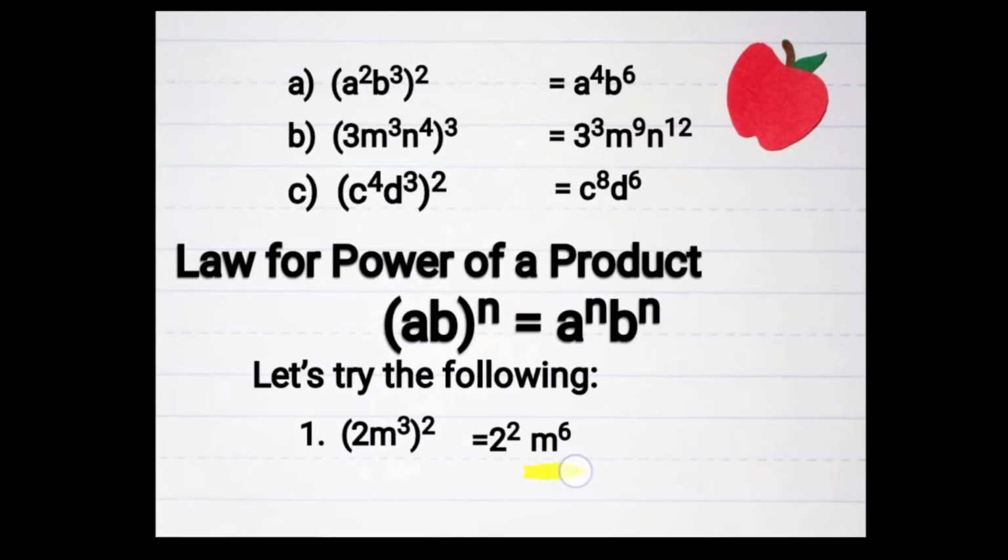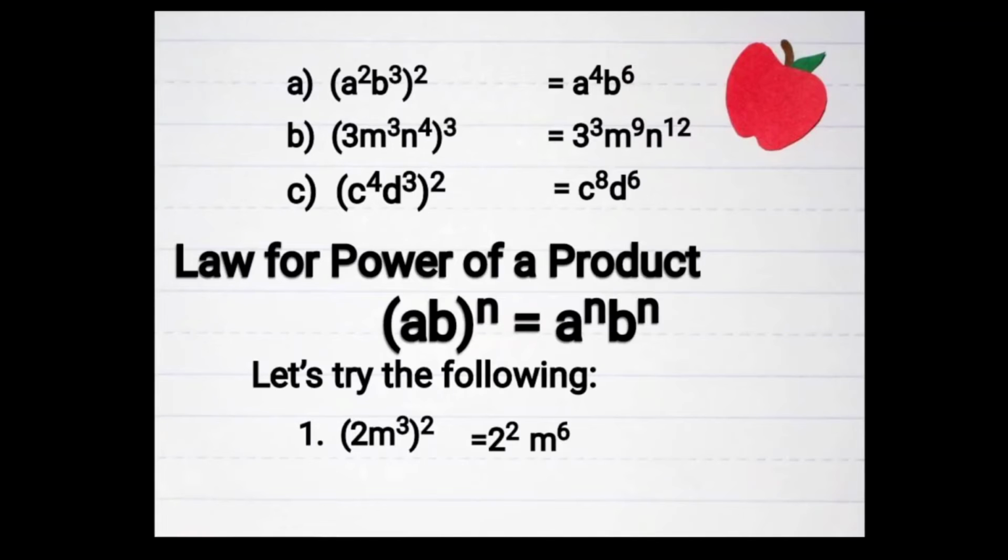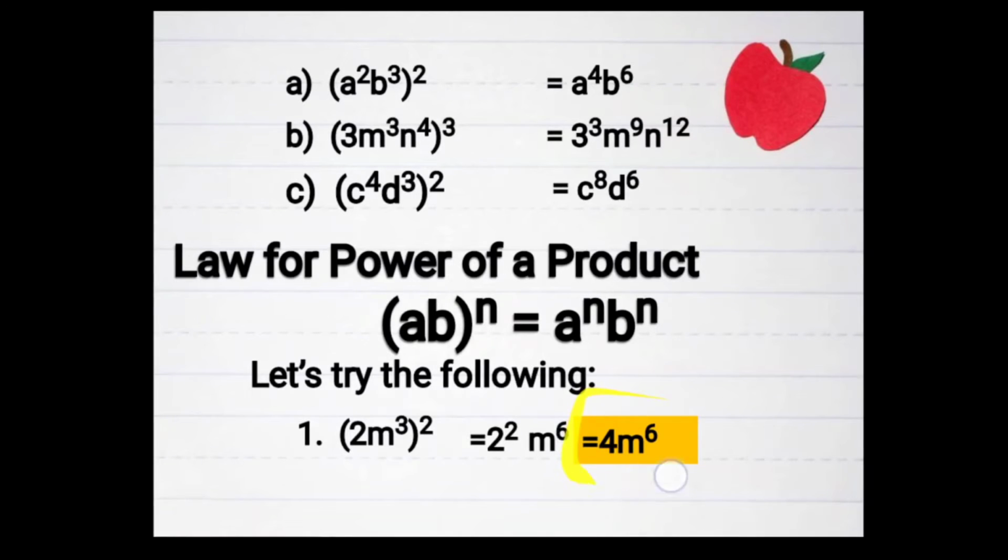That's why we have m raised to 6. Then simplify 2 squared. We all know that 2 squared means 2 times 2. So 2 times 2 is 4. Then we have m raised to 6. So our final answer is 4m raised to 6, or simply 4 times m raised to 6.